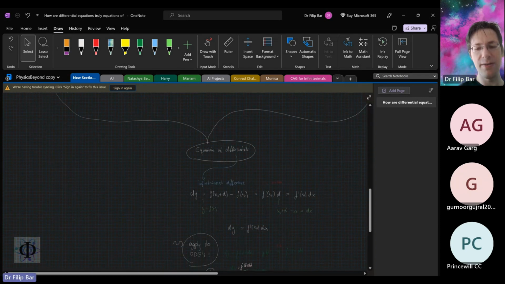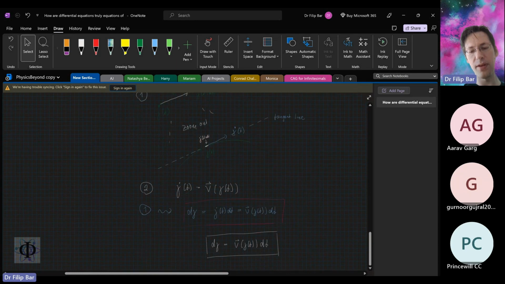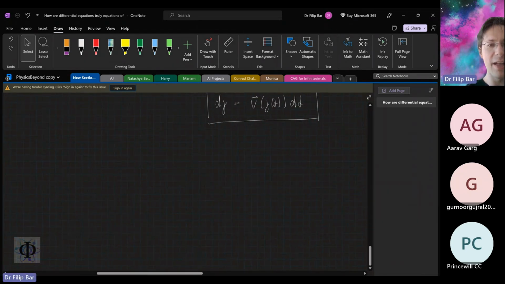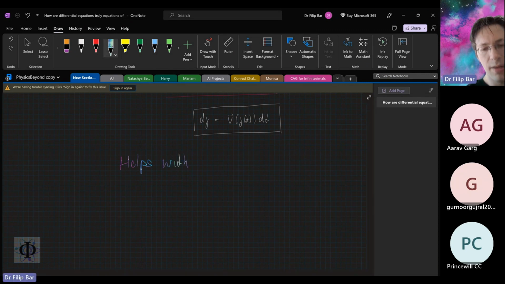And with this picture now, we actually get an idea. We get a hint how we can go about this. So let's explore that. How does that help me? That's the big thing. It helps with finding solutions.